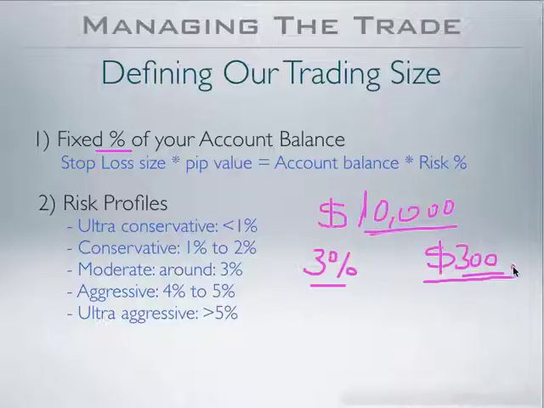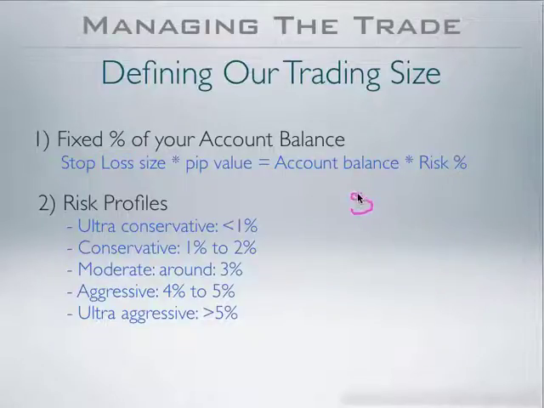Obviously, let's assume indeed that trade turns sour. My stop loss is hit. Well, for the next trade, I will have on my trading account 9,700. That means that for the next trade, I am always going to apply the same percentage, in this case 3%.